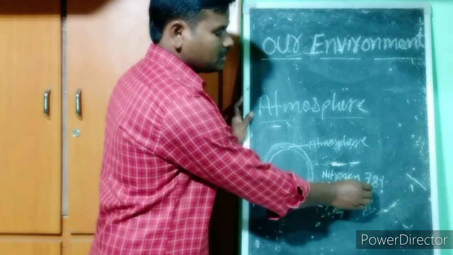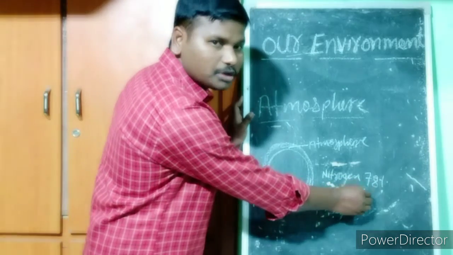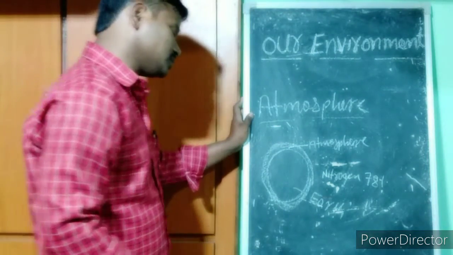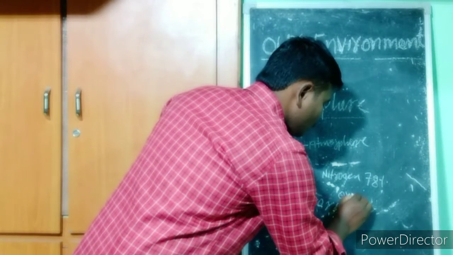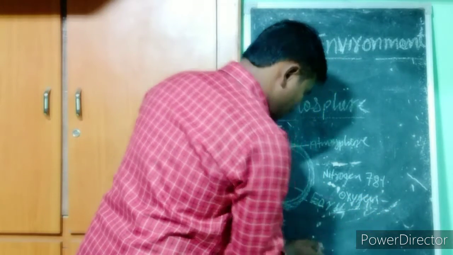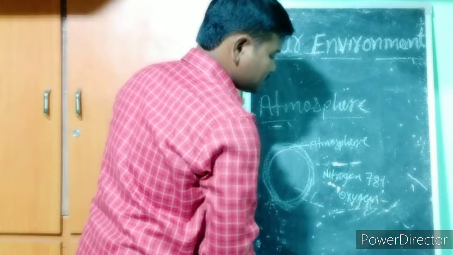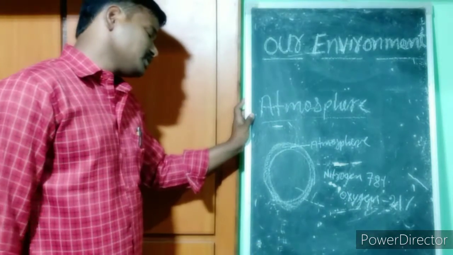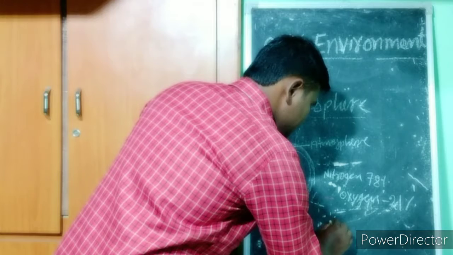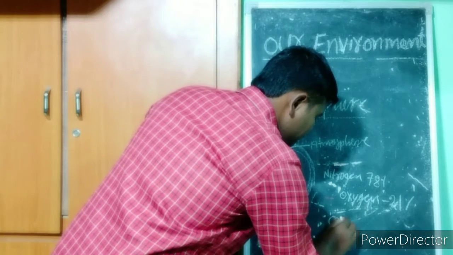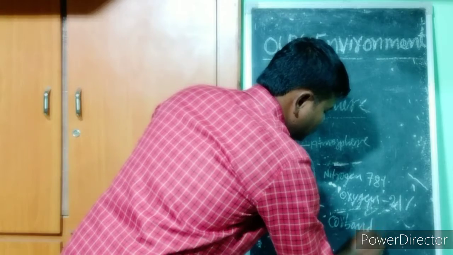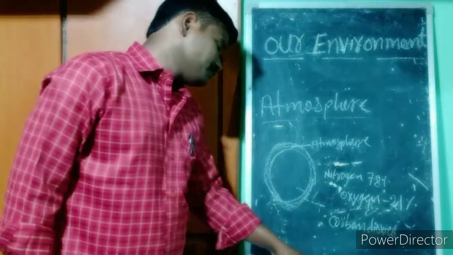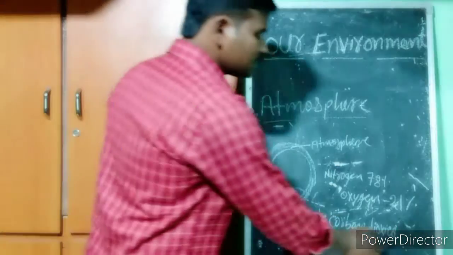Next, oxygen constitutes about 21%. And the remaining 1% is carbon dioxide.